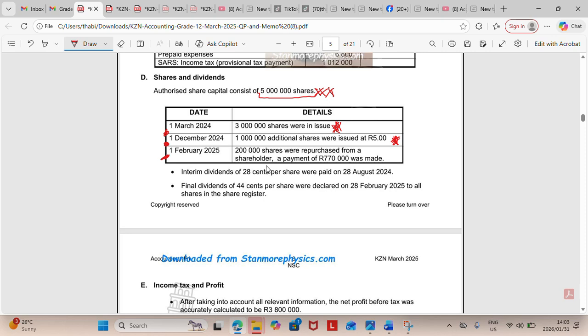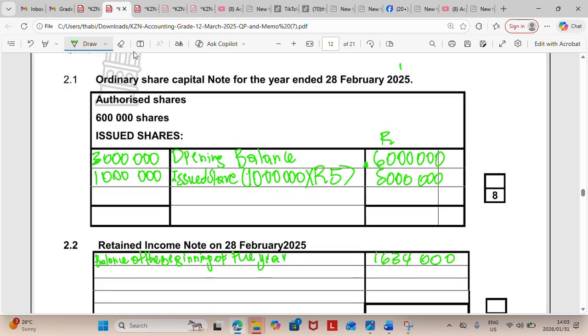So maybe this person is not happy with the returns that they are getting, whatever the reasons. But we are repurchasing shares. We are recalling our shares. So what will happen to the ordinary share capital? Ordinary share capital will decrease. Share buyback. So you go and record here: share buyback.